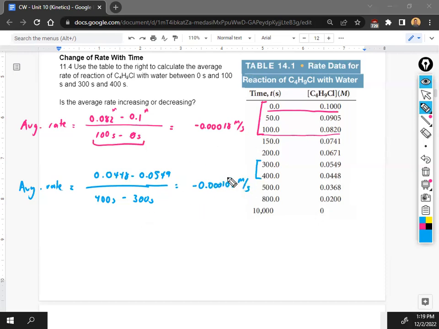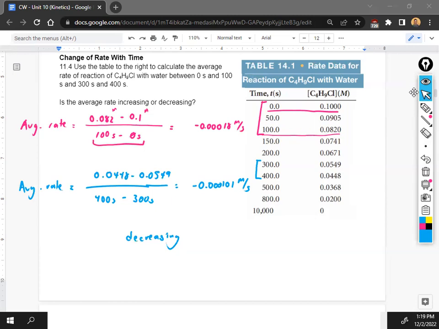If you notice, is the average rate increasing or decreasing? It is decreasing, right? That means the disappearance is slowing down. So in the first 100 seconds, it is disappearing faster than it is between 300 and 400 seconds.